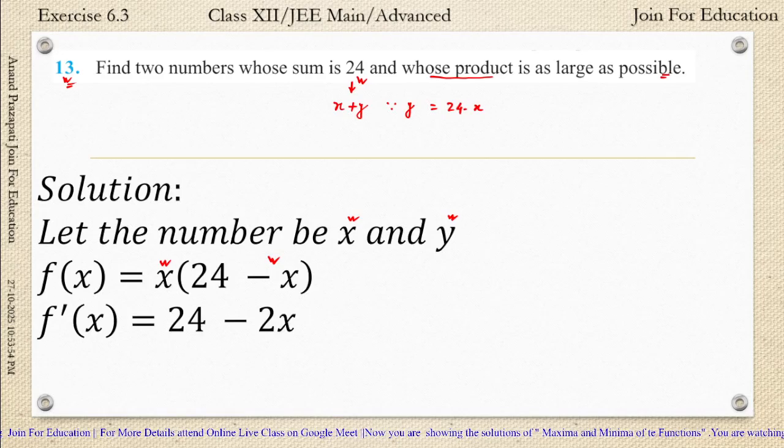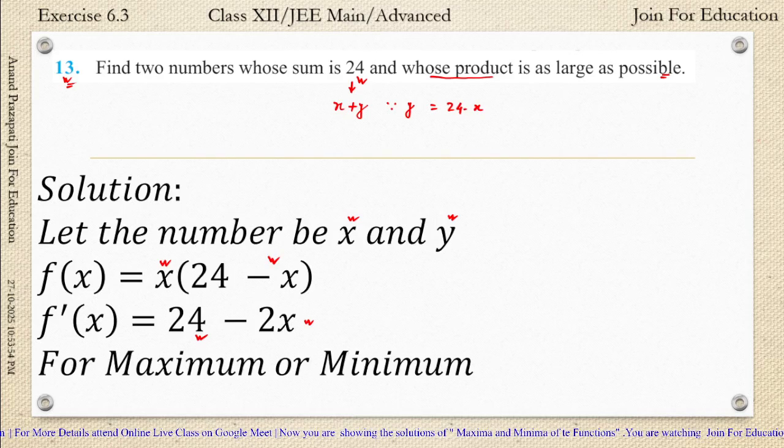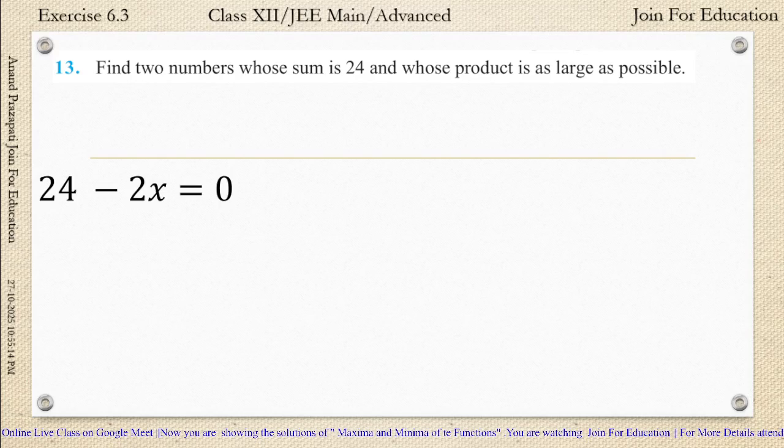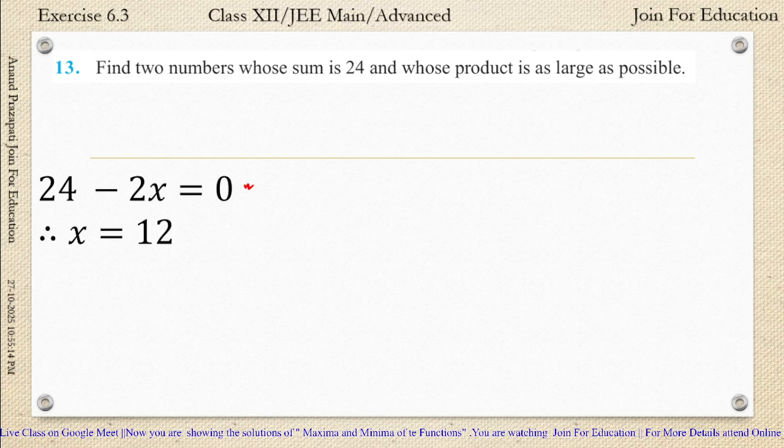So the first derivative of this will be 24 minus 2x. Is there any problem understanding up to this step? For maximum and minimum, the first derivative of this function will be 0, so 24 minus 2x equals 0, therefore x equals 12.